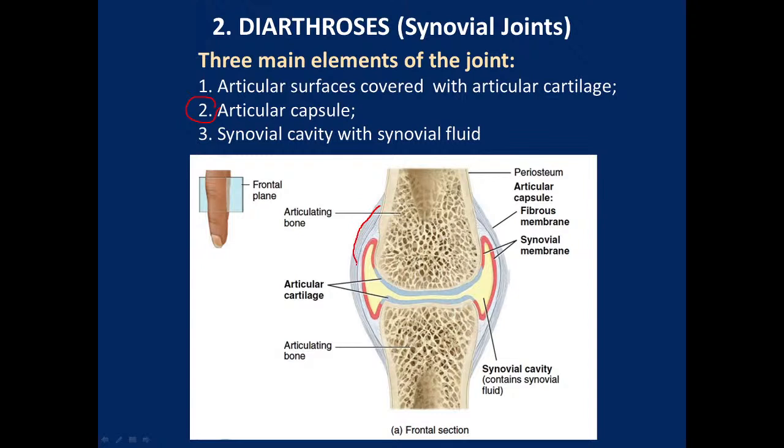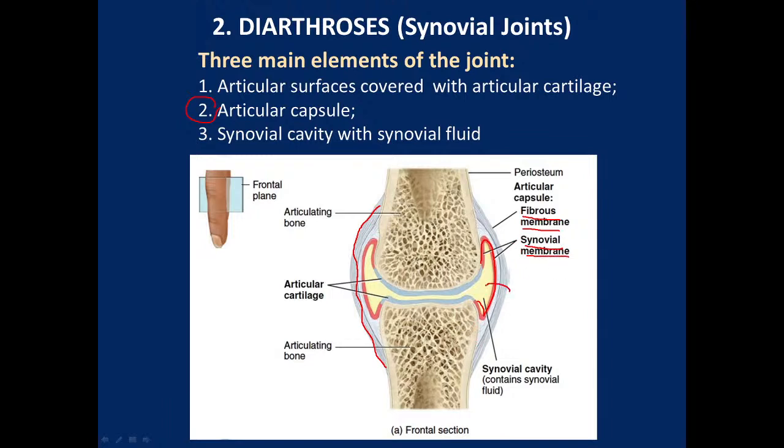Here is the external layer of the articular capsule called the fibrous membrane, and inside of the joint, the internal layer we call the synovial membrane.